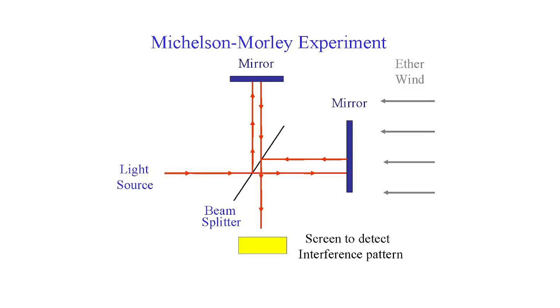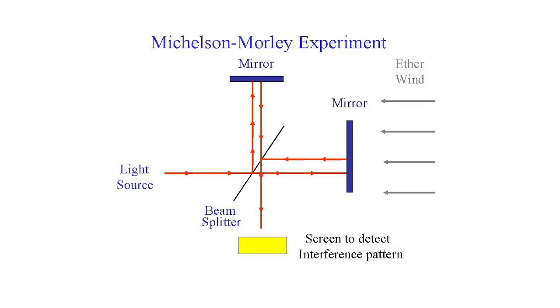This is the apparatus, diagram of the apparatus. The light source throws light to the splitter. This is the splitter of the beam. This splitter splits this light into two parts.